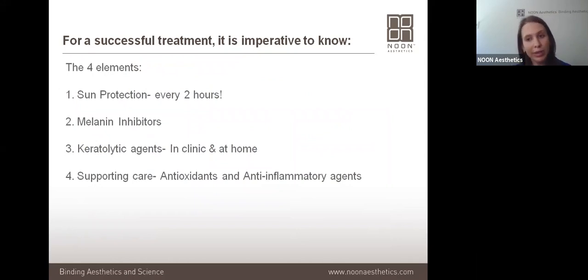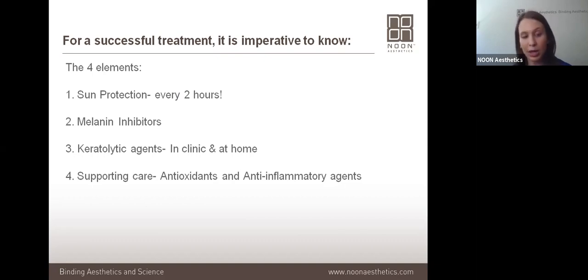So in summary, all the important things I want you to remember, we can really count on 4 fingers. So these are the 4 elements. The first one, as I said a lot, is the sun protection every 2 hours. The second one will be melanin inhibitors, because we really want to inhibit the over-pigment that we have in order to solve the hyperpigmentation disorder.